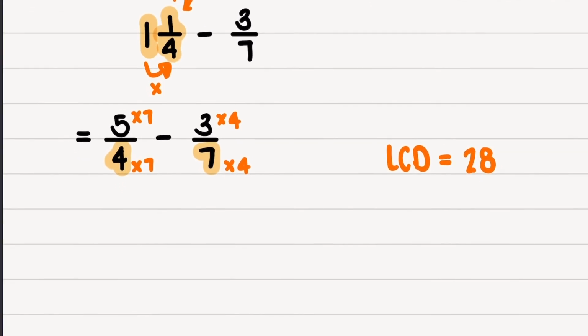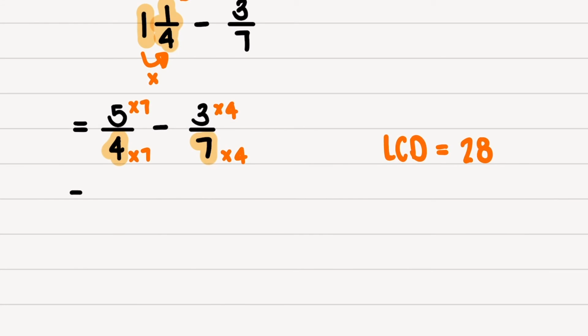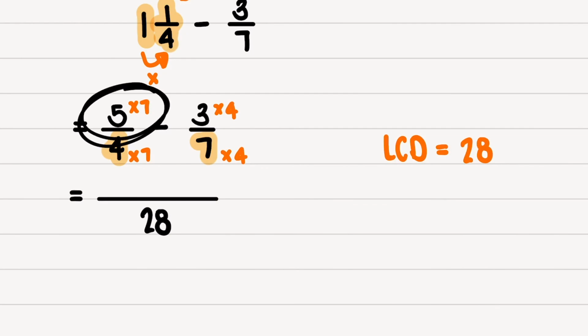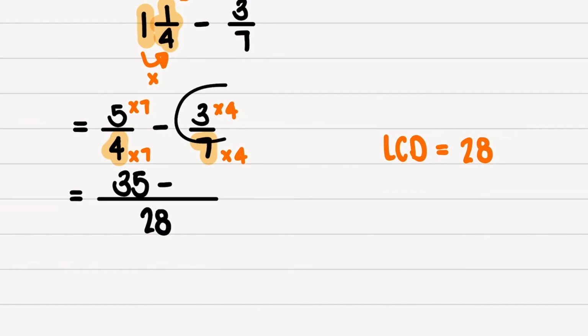So now I'm going to have my denominator being common that I've chosen of 28. 5 times 7, this first fraction here, is 35, minus 3 times 4, that second fraction there, which is 12. Now I'm going to simplify that. 35 minus 12 is 23 over the denominator of 28.